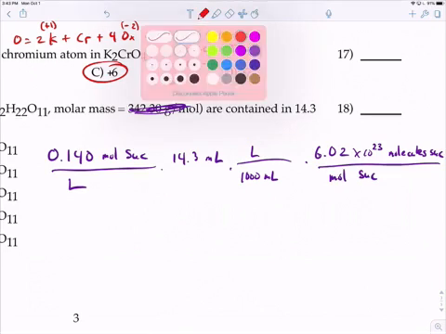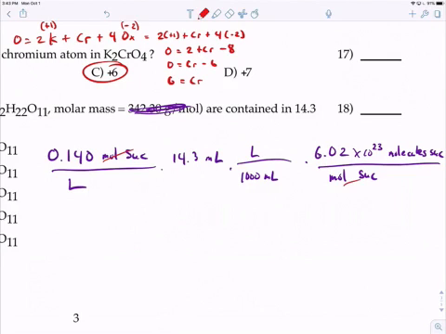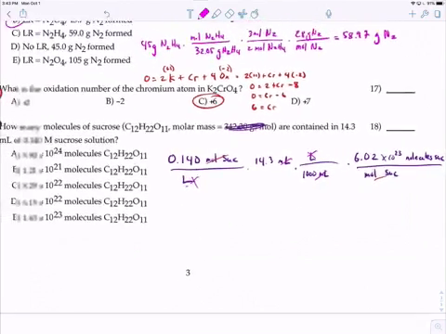So if you look at the units, the moles sucrose cancel, the milliliters cancel, the liters cancel, and you're left with molecules of sucrose.